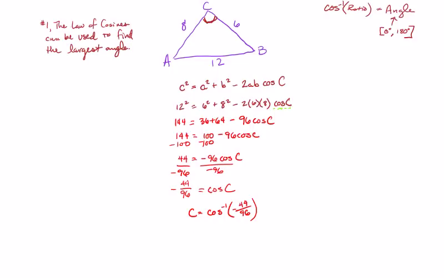After plugging it in my calculator, I got 117.28 degrees. Since we know this is 117.28 degrees, hopefully you can see that now we can use the law of sines. And once again, I'm going to use the law of sines to find the smaller angle.